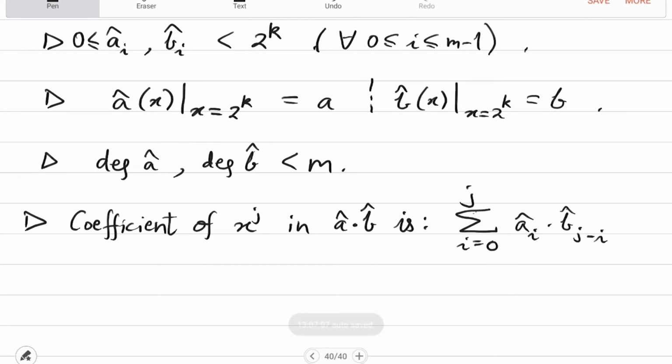So how big is this number, the sum of these products? The number of terms, j plus 1, will be at most m. So it is m times ai hat, and bj minus i hat we know is at most 2 raised to k. So 2 raised to 2k.